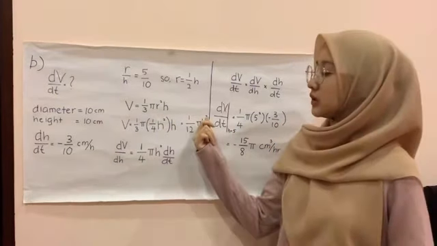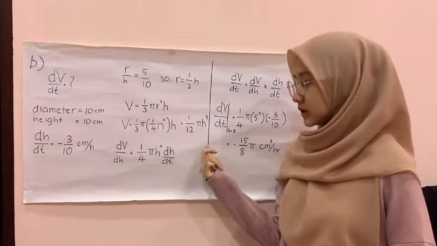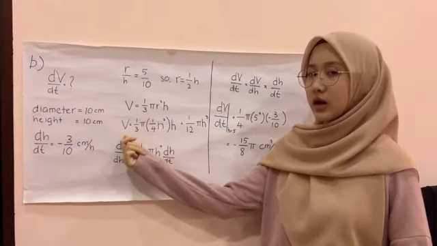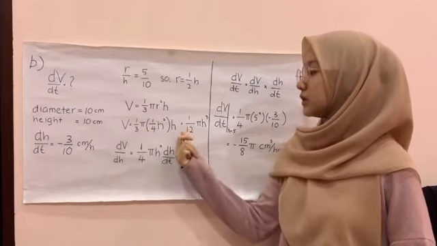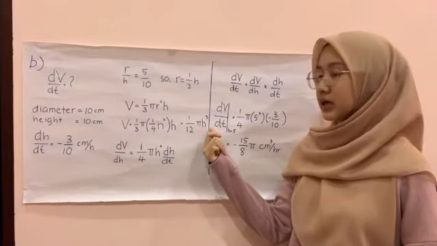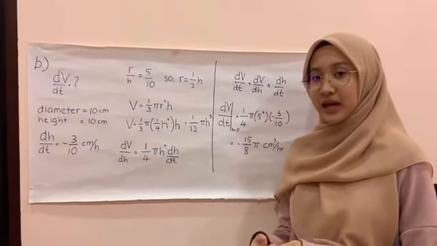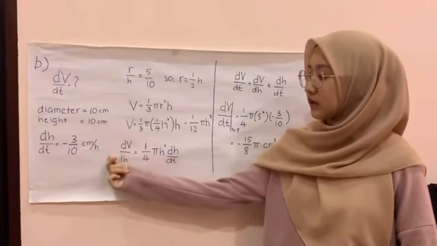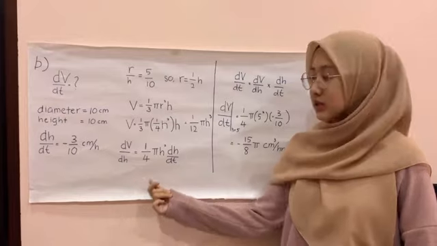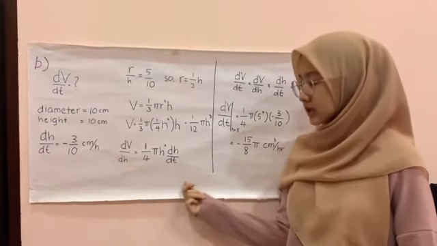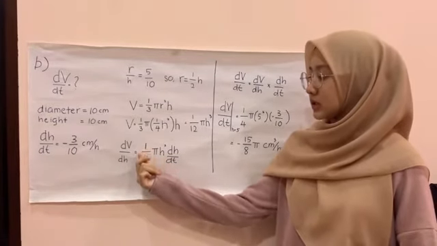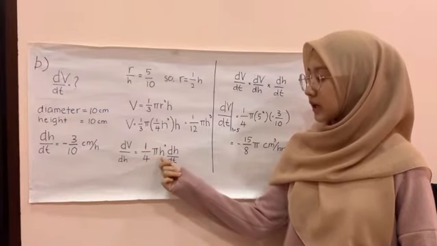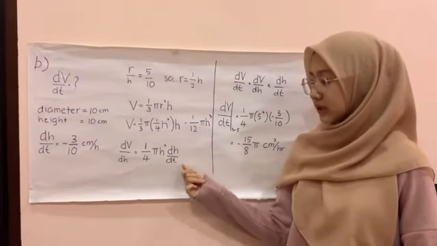So we substitute all the information given and get the value of V, which is 1 over 12 pi h cubed. The next step is we need to differentiate V to get dV over dh. So we differentiate all of this to get the answer, which is 1 over 4 pi h squared dh over dt.